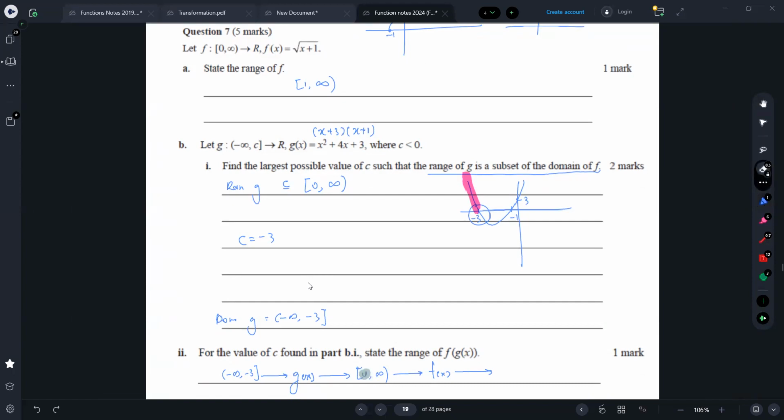This one could totally be like 2 to infinity, in which case your final answer will be affected. But we're lucky it's the same as what the question had earlier. So if I put 0 to infinity into f, we already know it's going to be 1 to infinity that comes out, right?